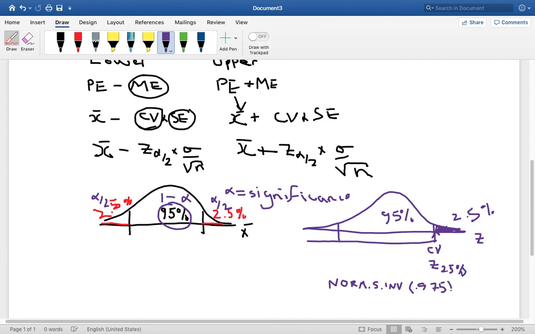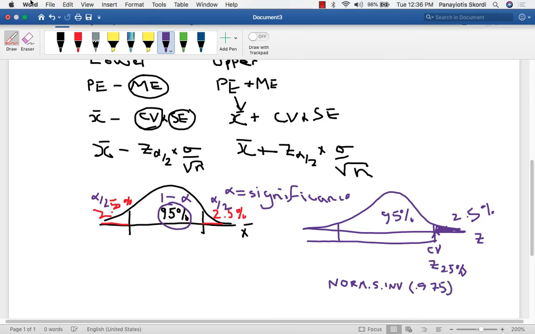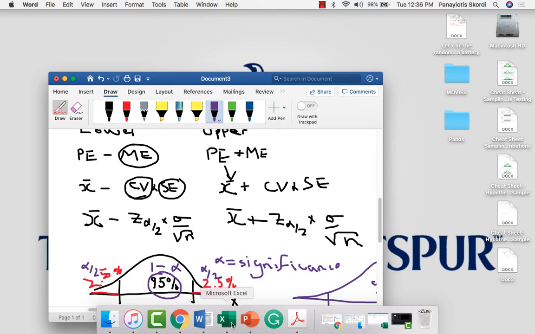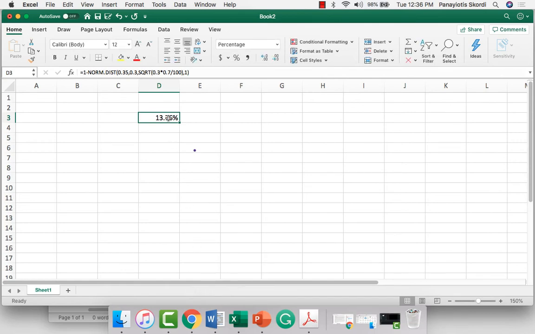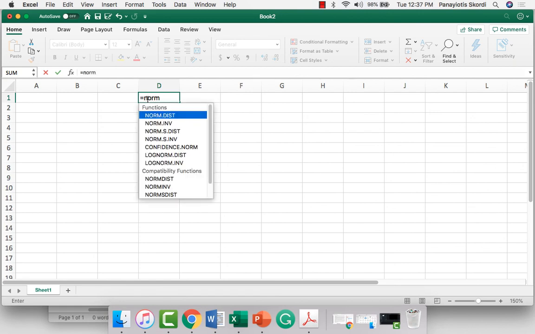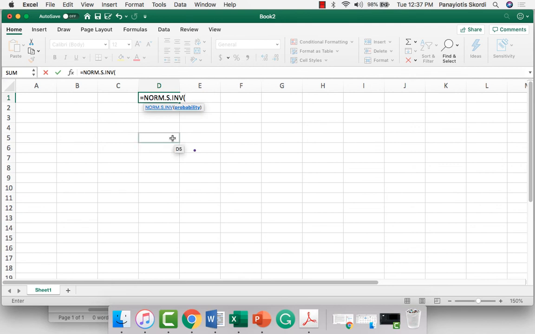And we can just pop over to Excel and do that. Let's do that in Excel. So that's going to be equals norm.s.inverse of 0.975.